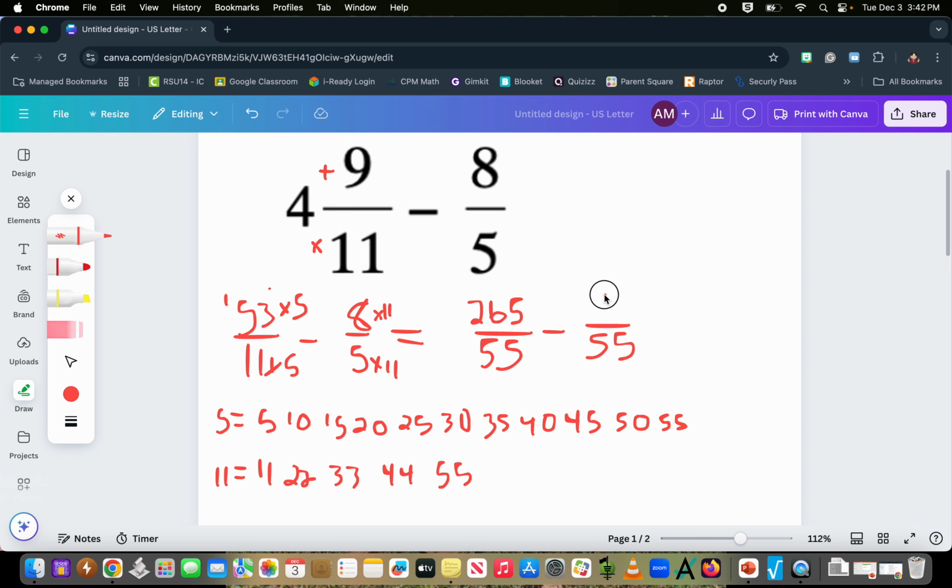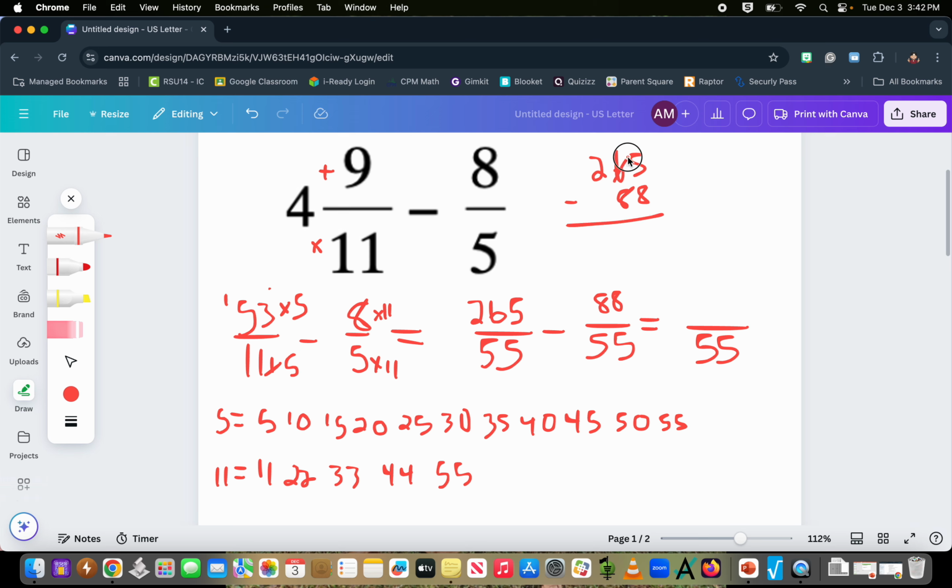And 11 times 8 is 88. And now that we have a like common denominator, we can subtract. So I'm going to bring my denominator over here, and then we need to subtract 88 from 265.